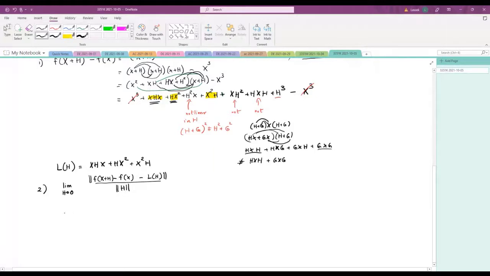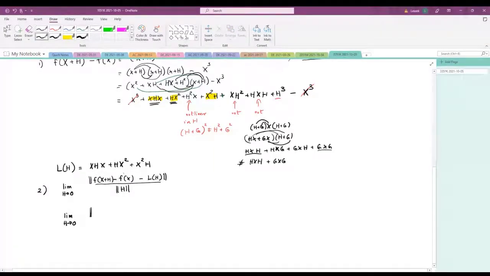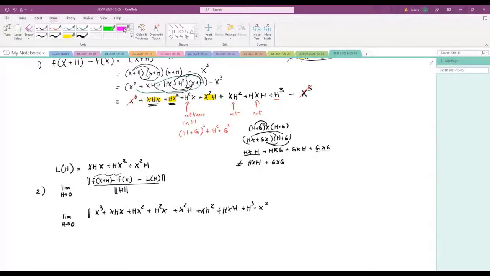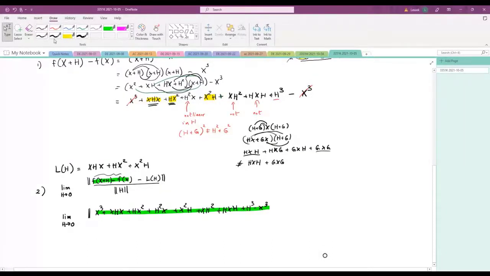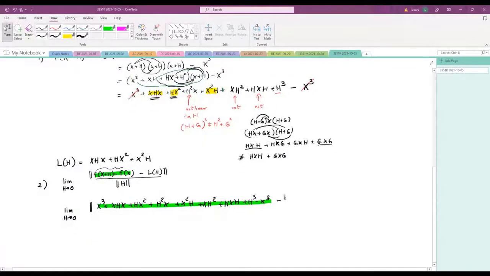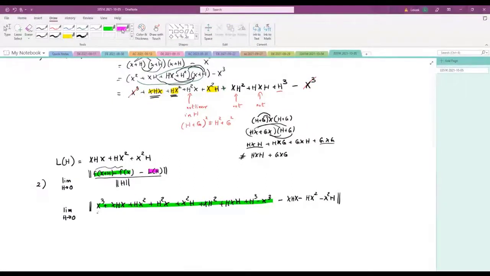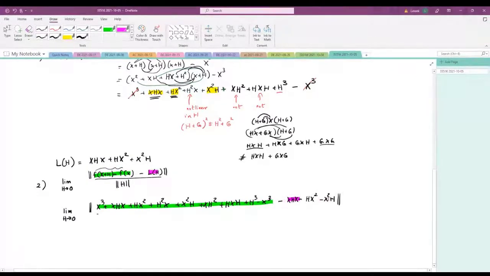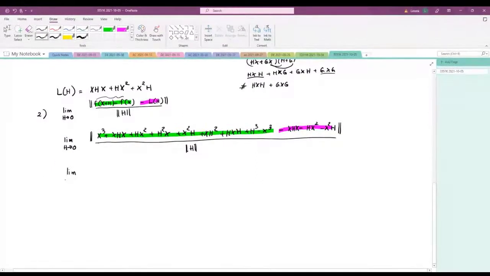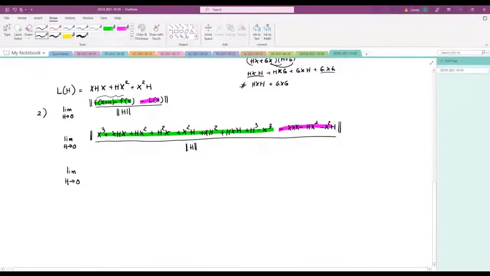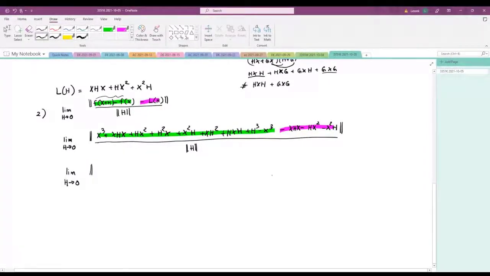All right, so this we already computed, and I'm just going to write it out. So all that is just this part. And then minus the linear operator acting on h, and we think we have a good candidate. All divided by the norm of h. I already distributed the negatives, so I apologize for that. All right, so we have lots of nice cancellations in the numerator, kind of like what we saw in first semester calculus.